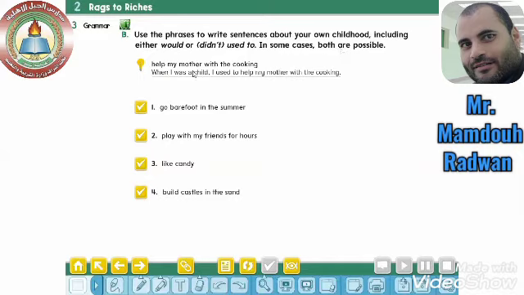For example, help my mother with the cooking. So you can start your sentence saying that when I was a child, I used to help my mother with the cooking. Why? Because help is an action verb. So I can say when I was a child, I would help my mother with the cooking. Also here the verb do is an action verb. So that's up to you.